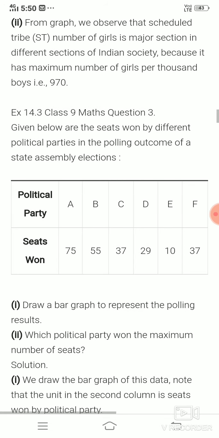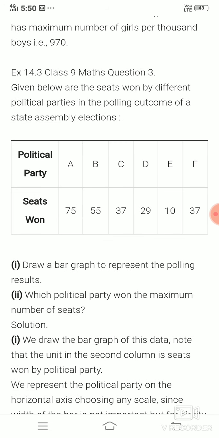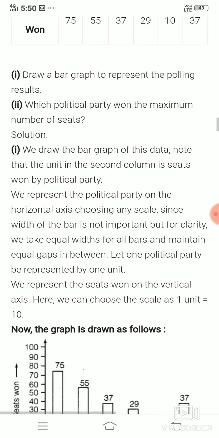Third question: political parties are given, and seats won are also given. Draw the bar graph. On the x-axis mention the party names A to F. On the y-axis we use 1 unit equal to 10.